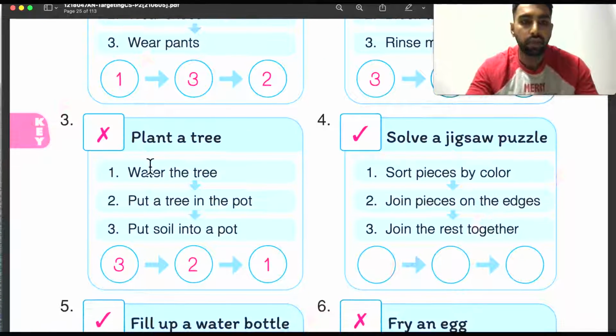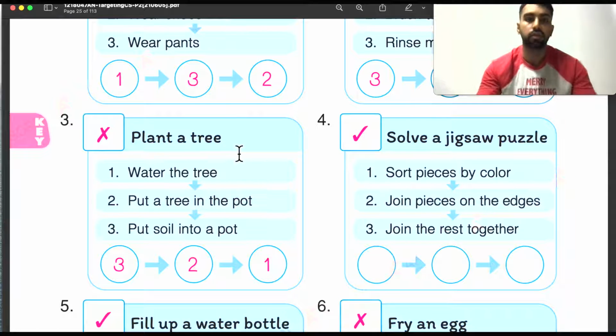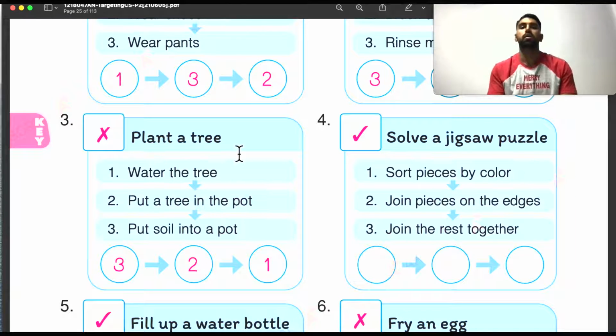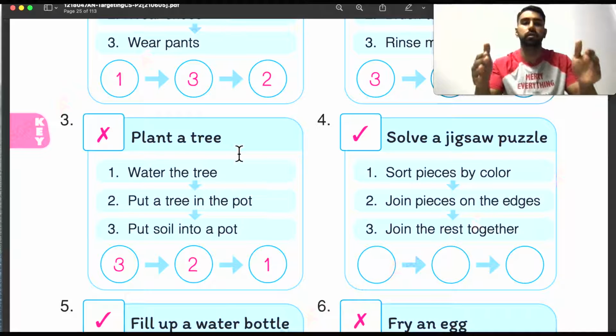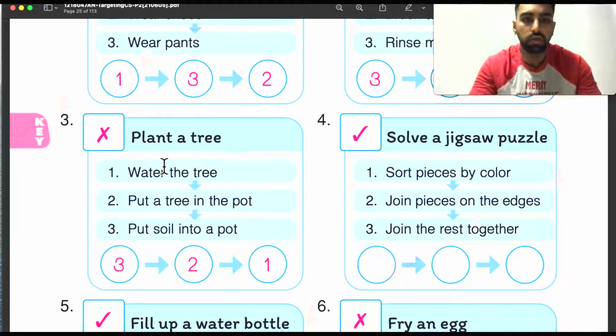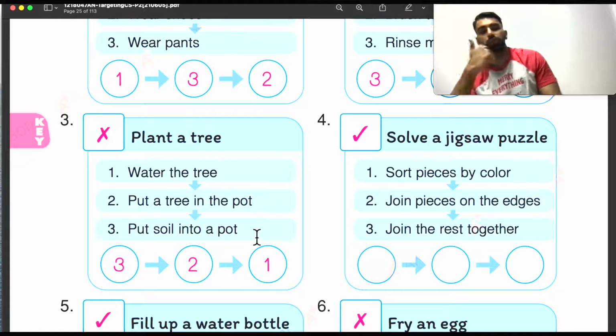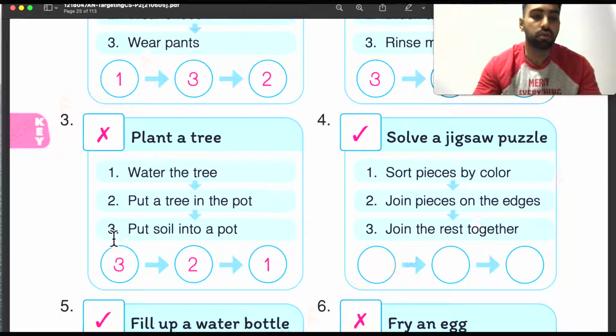And number 3 we have plant a tree. A tree or a plant that you want to plant on a ground. What are the steps? Number 1, water the tree. Number 2, put a tree into the pot. Number 3, put soil into a pot. So number 3 is at number 1.